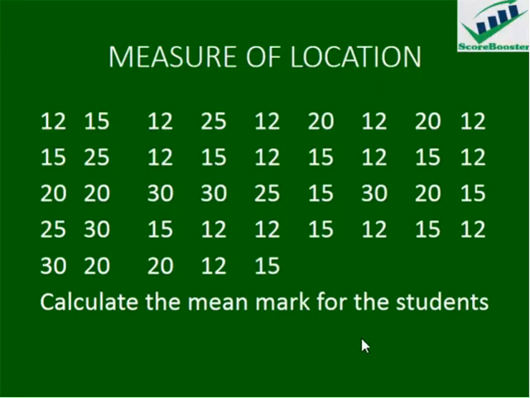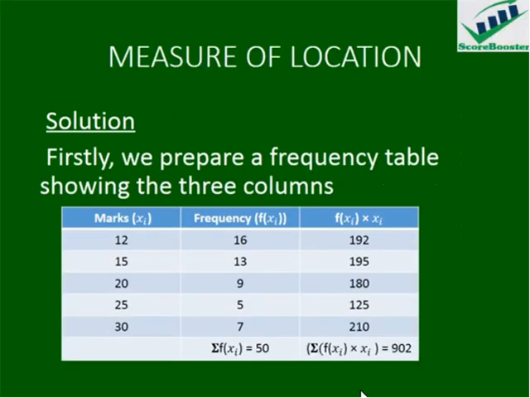You can see that 12 occurs 16 times. So that is the frequency of 12. Then we also count the number of times 15 occurs, which is 13. You go back to the data and count. The number of times 20 occurs is 9. The number of times 25 occurs is 5. And the number of times 30 occurs is 7.